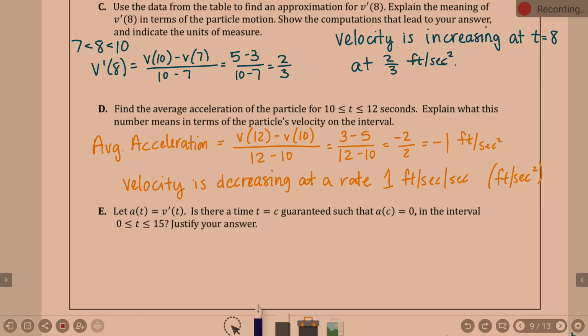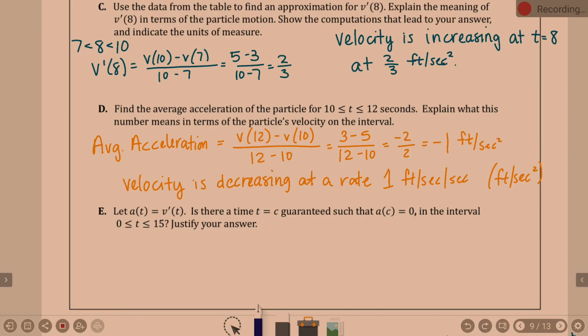So if we're asking when does acceleration equal 0, then we can talk about when does velocity equal 0. Between the points of 10 and 12, or between the points of 7 and 12, it has to stop at some point in order for it to decrease.